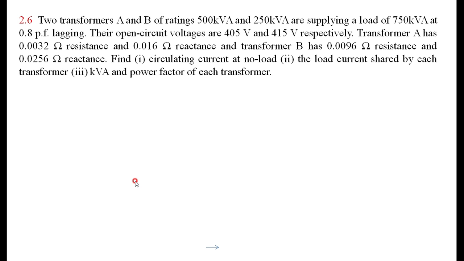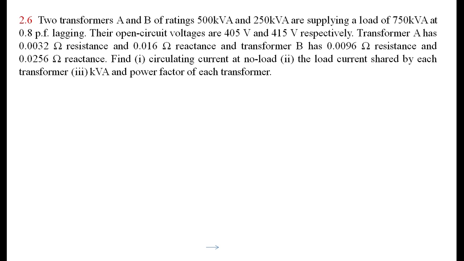The third numerical is on two transformers A and B with unequal voltage ratio. 500 kVA and 250 kVA transformers are supplying a load of 750 kVA at 0.8 power factor lagging. Their open circuit voltages are 405 and 415 volts, given as EA and EB. Transformer A has resistance 0.0032 ohm and reactance 0.016 ohm, and B has 0.0096 ohm resistance and 0.0256 ohm reactance.